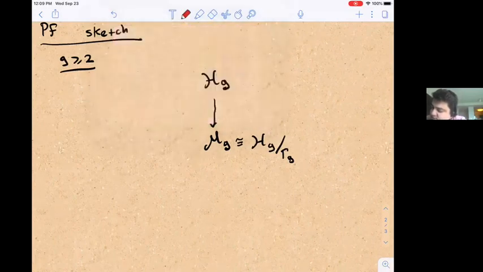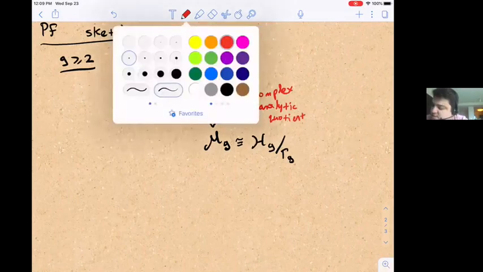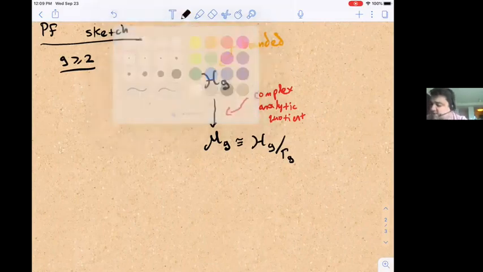And this is a complex analytic quotient. But the important thing is that this Hg is bounded. It's some bounded complex domain, and it's also simply connected.